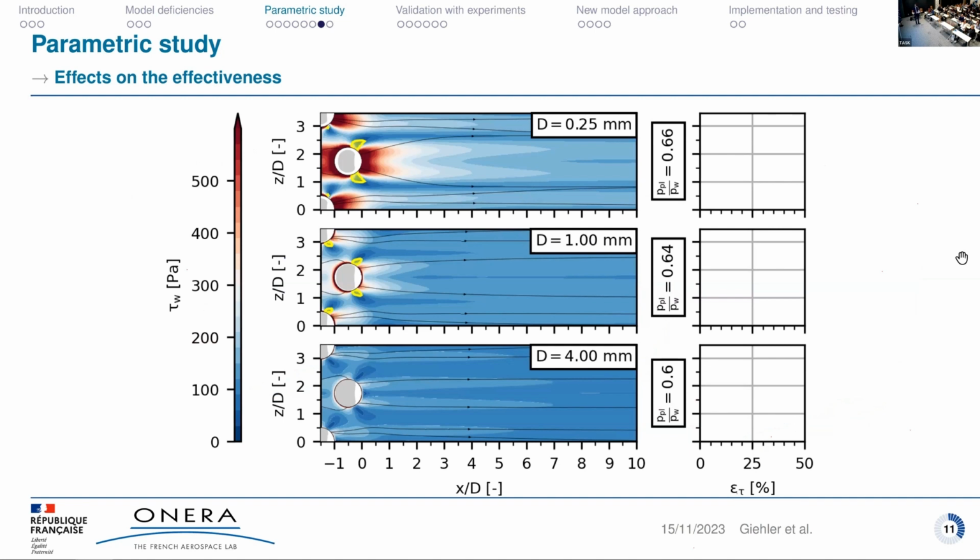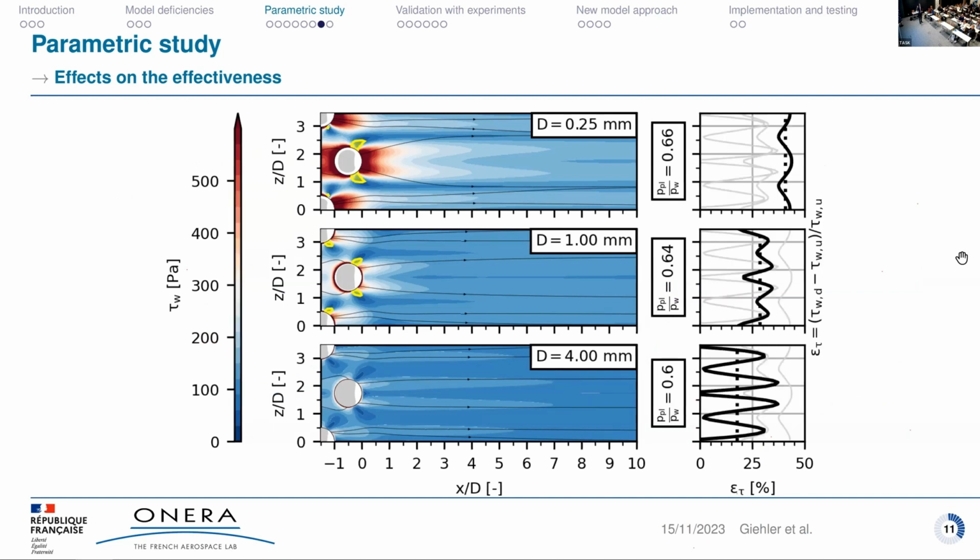And so what I computed was this epsilon, I just call it epsilon because it's short, which is just the increase of the wall shear stress from 10 millimeter upstream of the bleed region to 10 millimeter downstream of the bleed region. And here we see exactly the same. The smaller the hole diameter, the higher the increase, and the more uniform the flow field looks like.